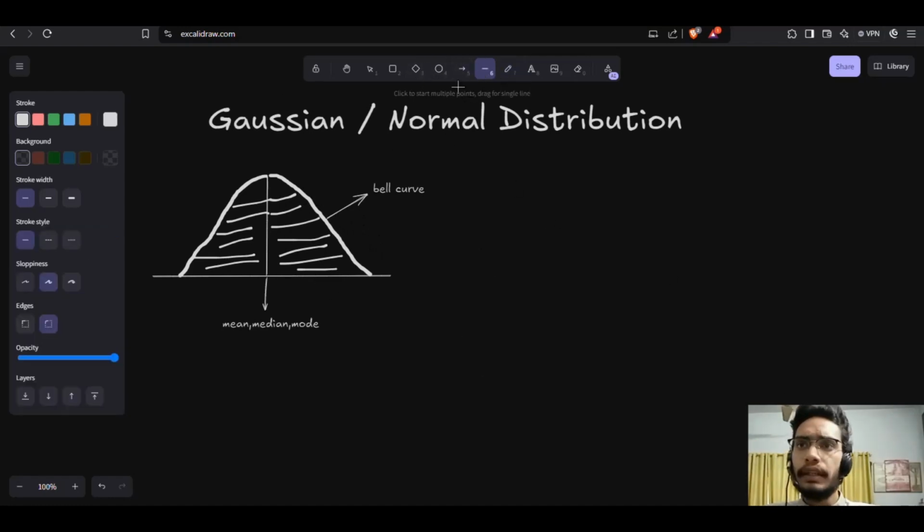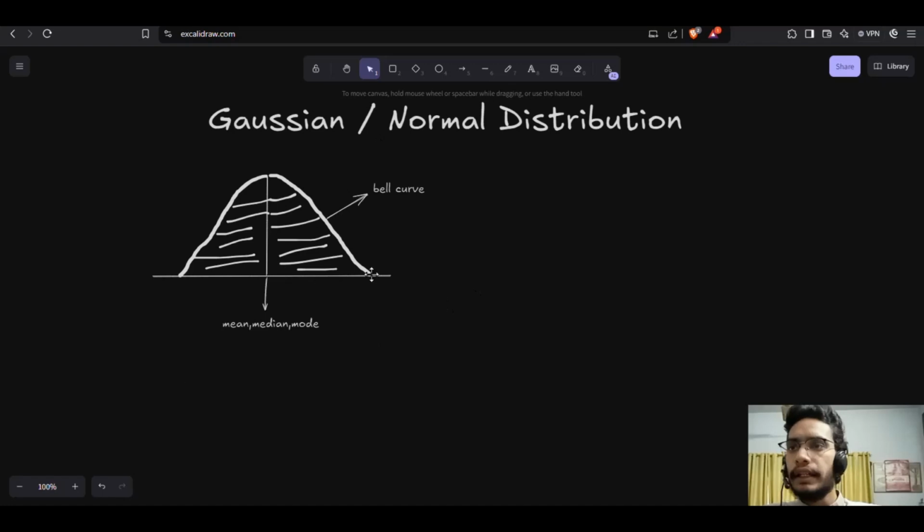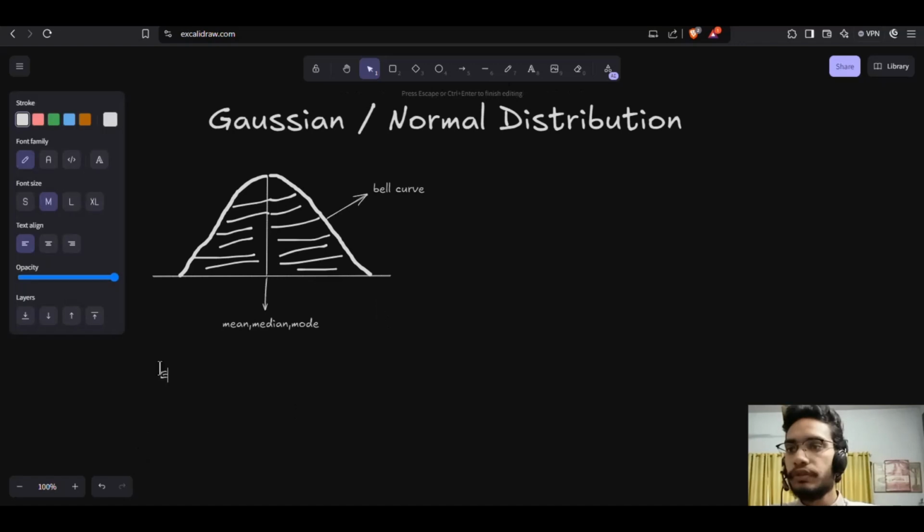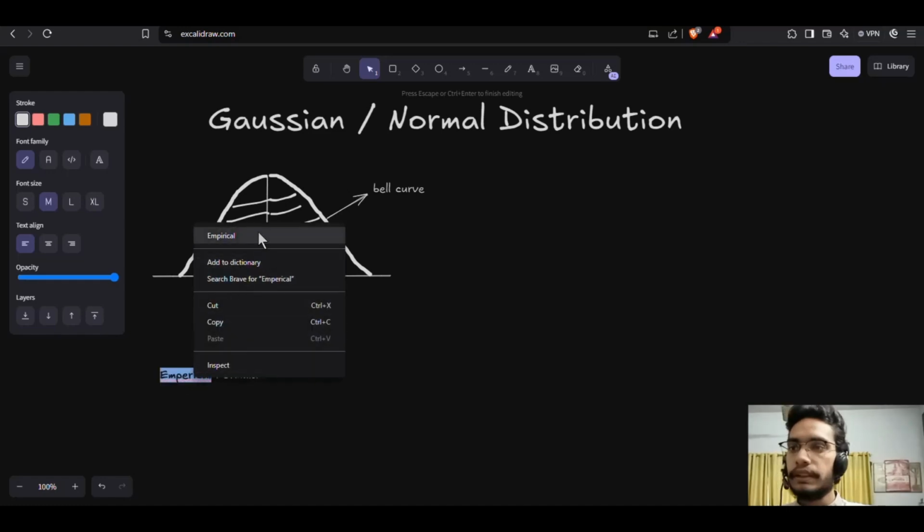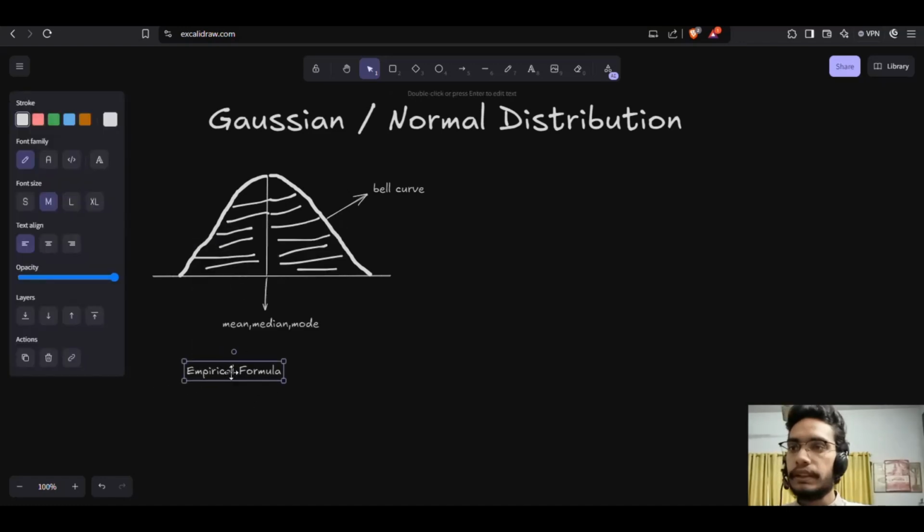Another thing I wanted to add here is that if your data is normally distributed, then it follows a rule which is known as the empirical formula. What does this empirical formula mean? It is basically the 68, 95, and 99.7 percent rule. It is that simple.